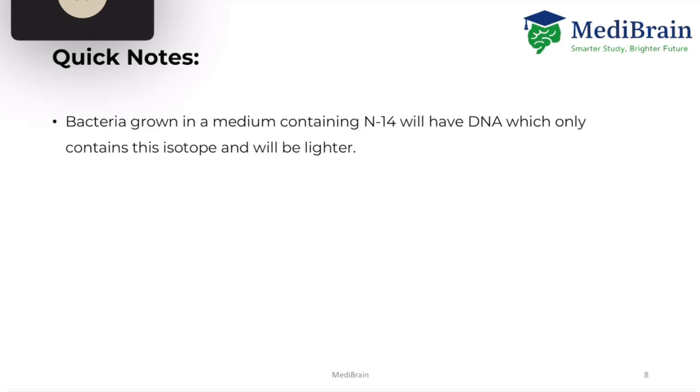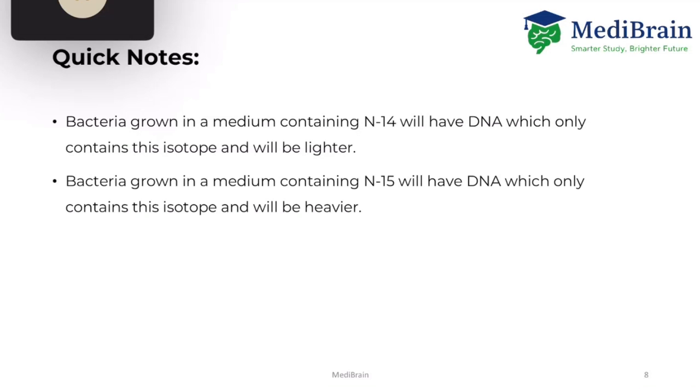So if you just add in 14N, that is what's going to be taken up by the bacteria, and you will only produce DNA which has 14N present, and that's lighter than 15N.